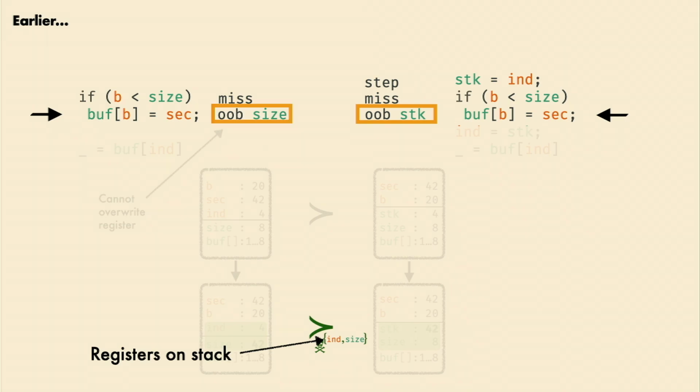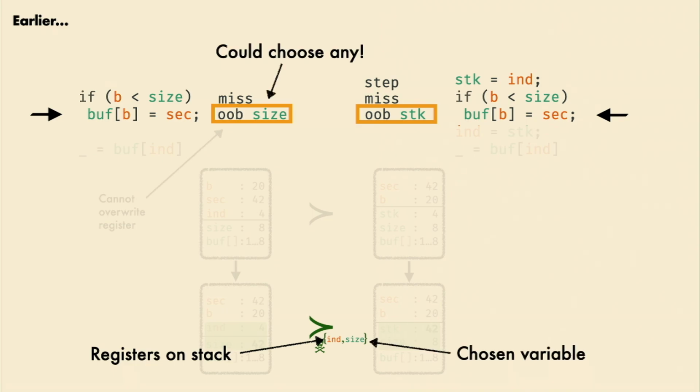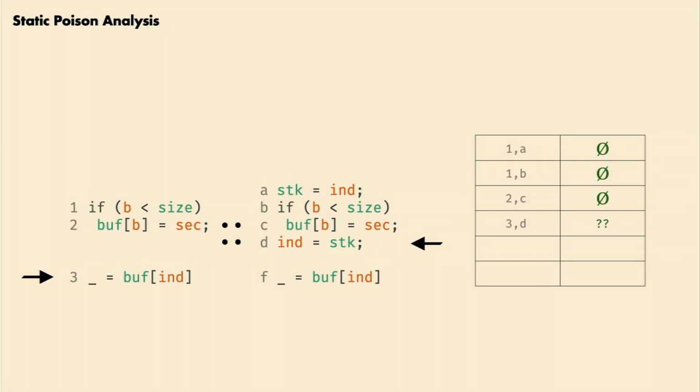And then on the source side, we chose size, and that is why we had to poison size. However, when we do it statically, we could have chosen any variable here, right? And statically, we just choose the variable that we see in our code. This might be subject to some optimization if one wants to implement this. Okay, so with that, we can answer that our poisoned positions would be int and buff.